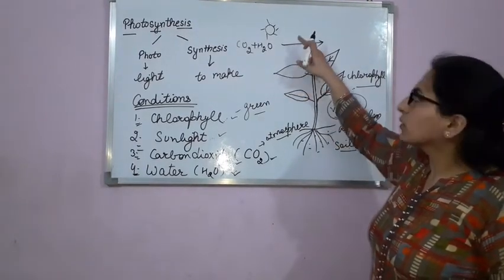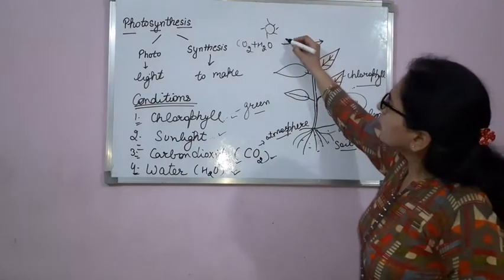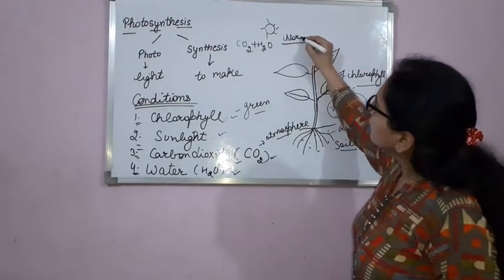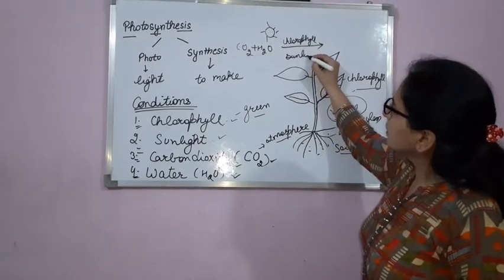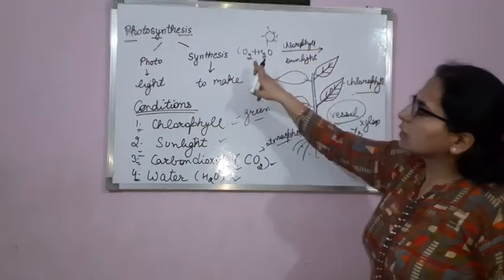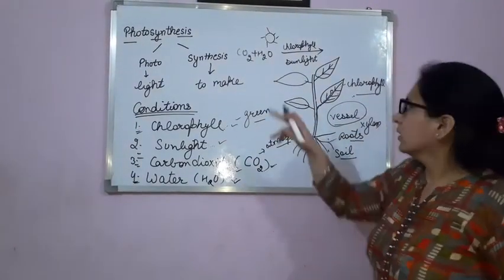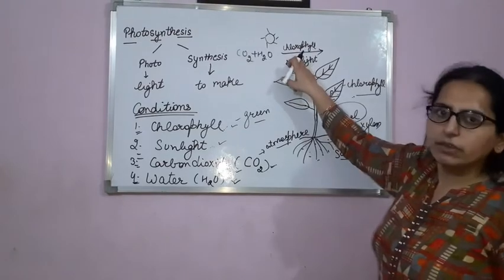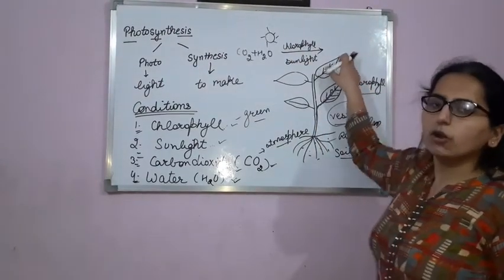One we will write above the arrow, second below the arrow. So here I am writing chlorophyll and here I am writing sunlight.